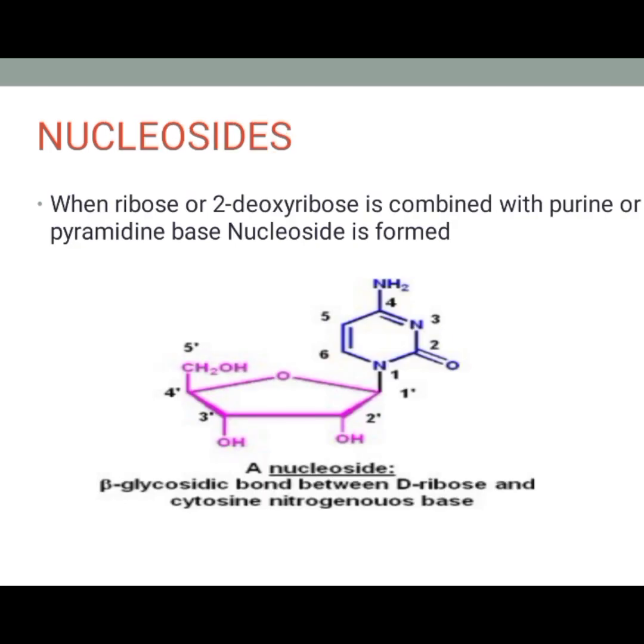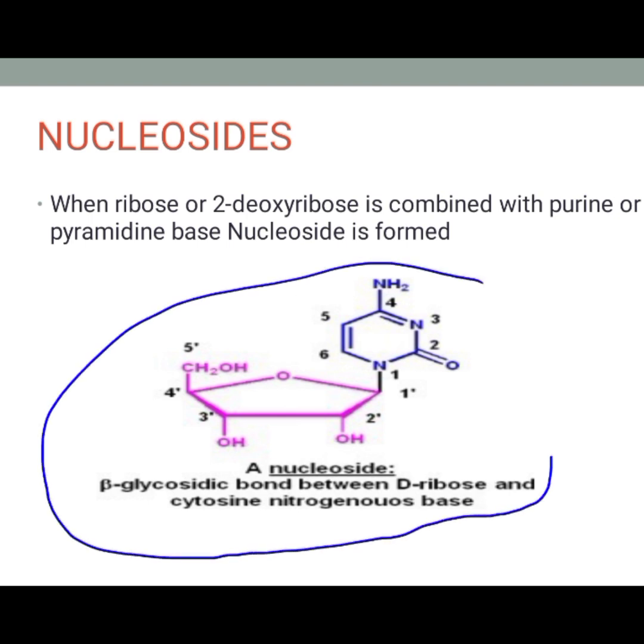This link between sugar and base is known as a nucleoside. That is, when a ribose or deoxyribose is combined with a purine or pyrimidine base, it gives a nucleoside.